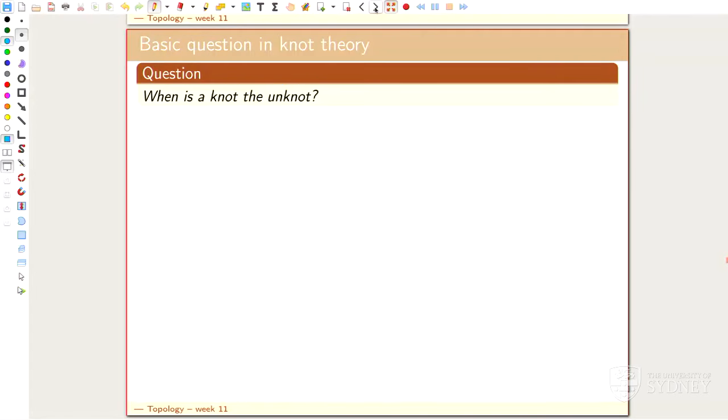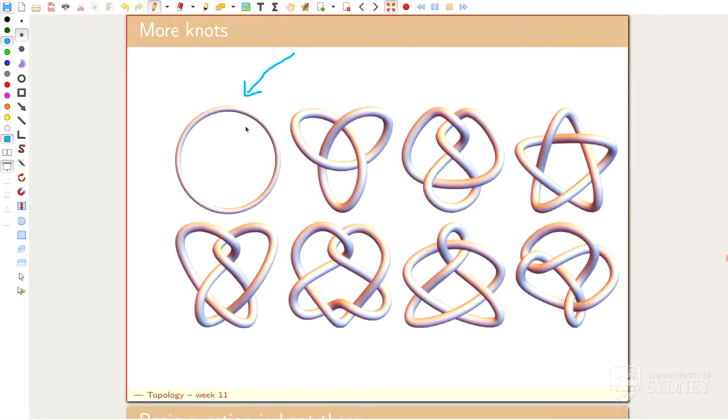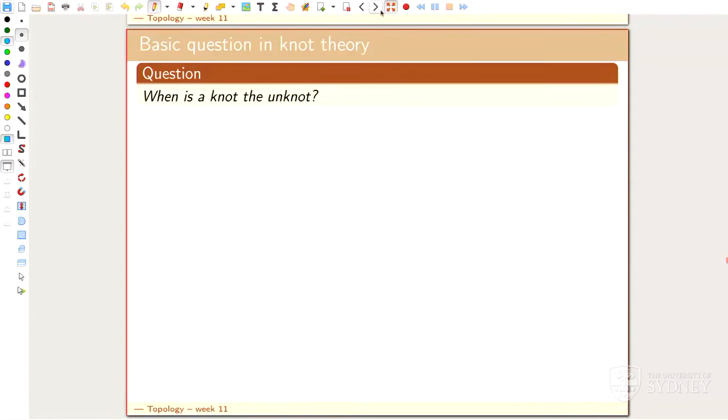And the main question we would like to study is the following. When is the knot the unknot? And I remind you again, the unknot is kind of the one boring picture you have, the circle itself, without any knotting at all. And you would like to tell that from the knot. So this is the unknot. This is also the unknot. It just is a little bit strangely projected.